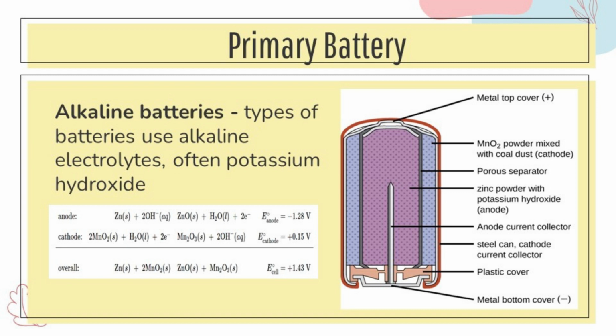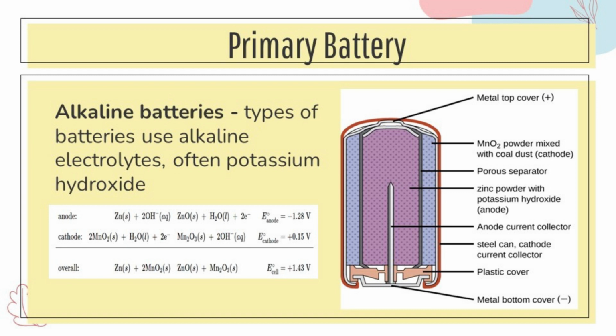Okay, so another thing in here is that meron tayo ditong addition of KOH paste, okay? Or potassium hydroxide paste, and yun yung dahilan kung bakit mas efficient siya or mas matibay siya as compared to the dry cell battery. Okay? So, ayan pakiaral yung anode, cathode, and the overall reaction of this kind of battery.